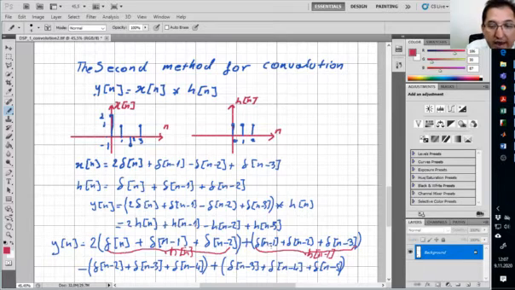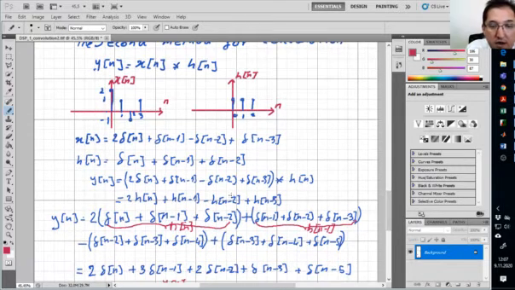Here we put n minus 1 for n. This is n minus 1, this is n minus 2, this is n minus 3. And here we have minus h[n minus 2]. We put n minus 2 for n here. Then we get h[n minus 2]. And this part is h[n minus 3].